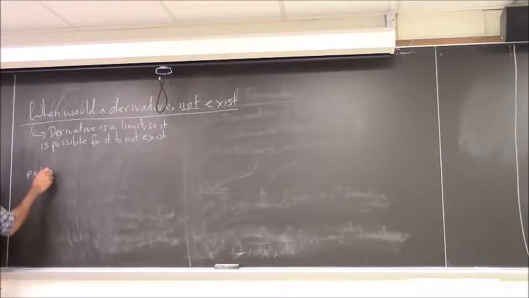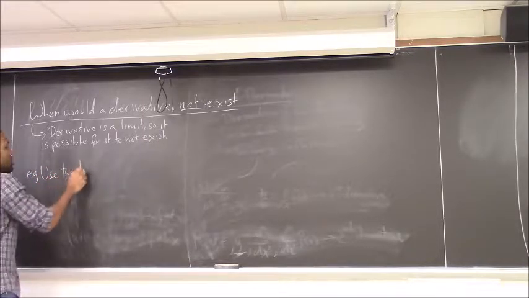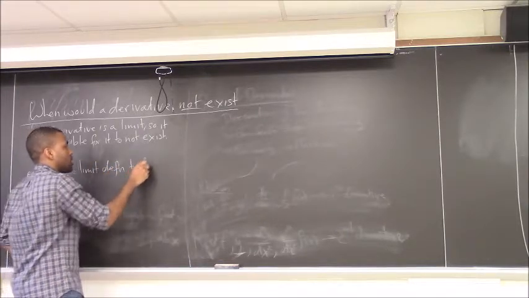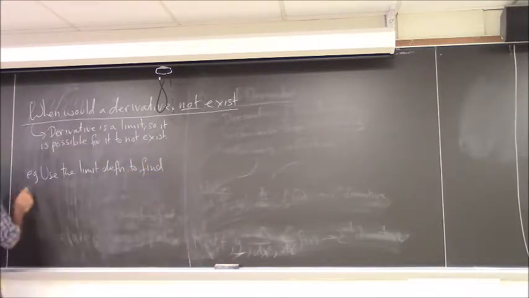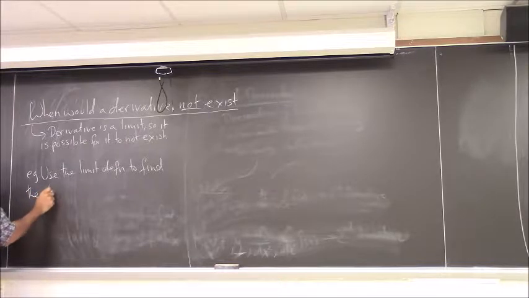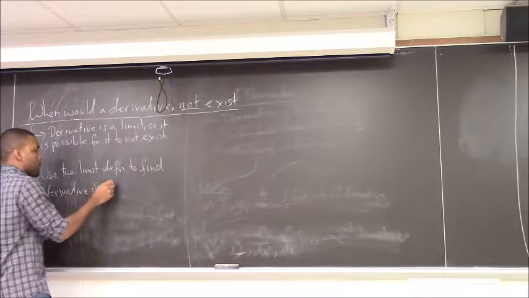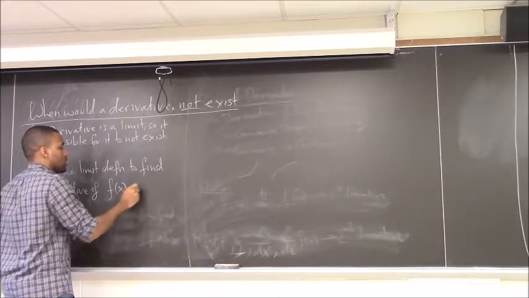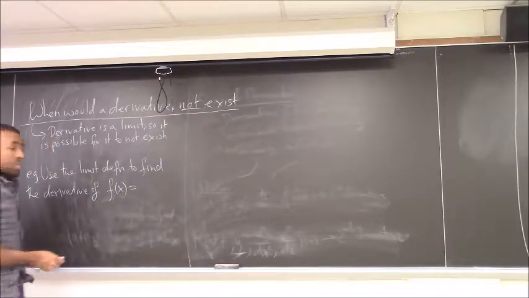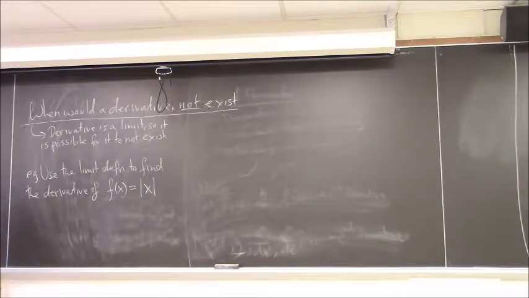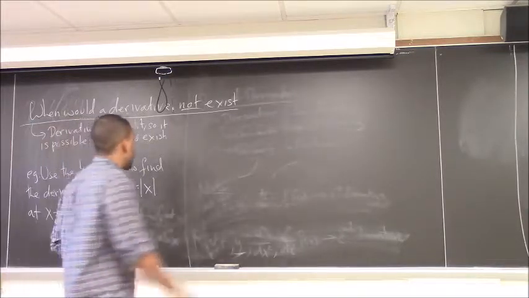Let's do an example. Let's look at a function not particularly complicated: the absolute value of x. We're going to find this derivative at the point where x equals 0 using the limit definition.